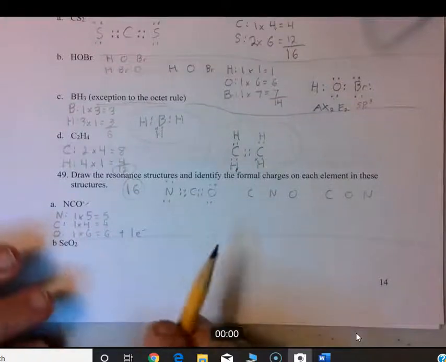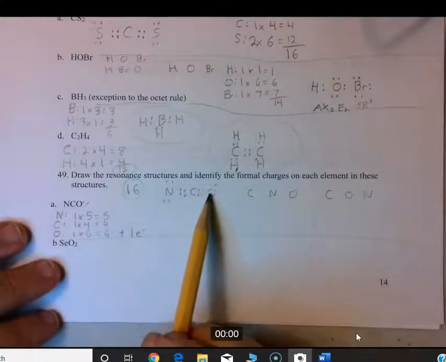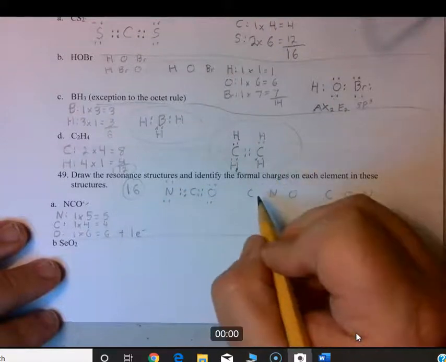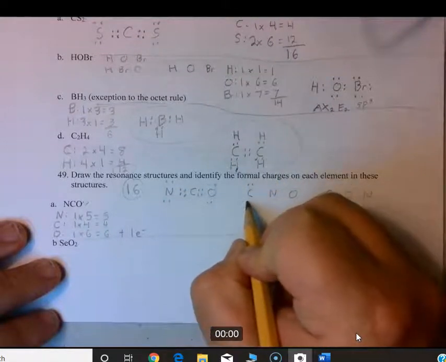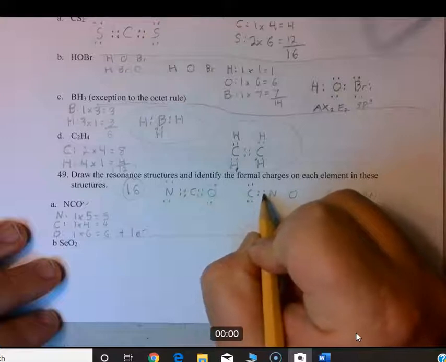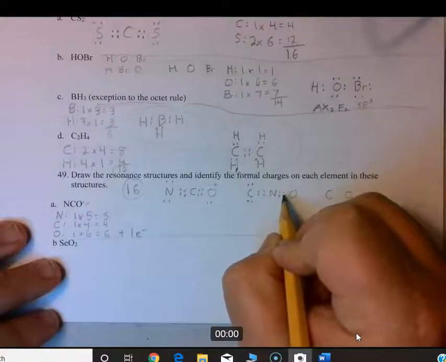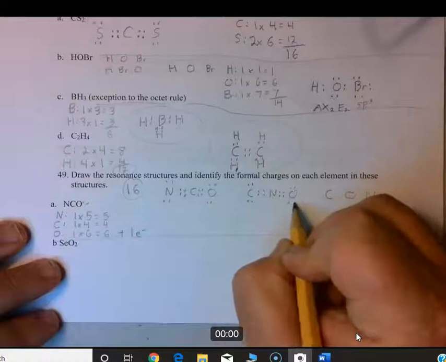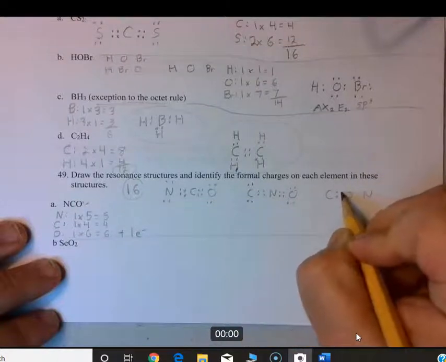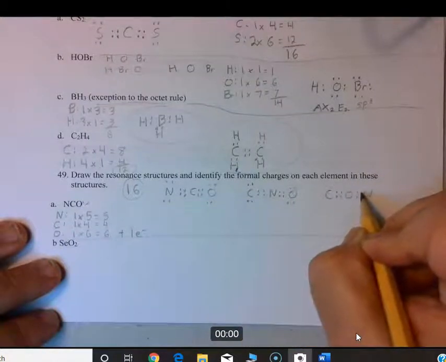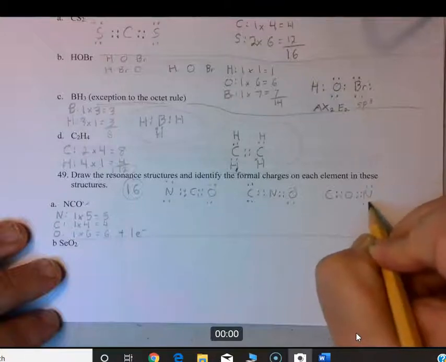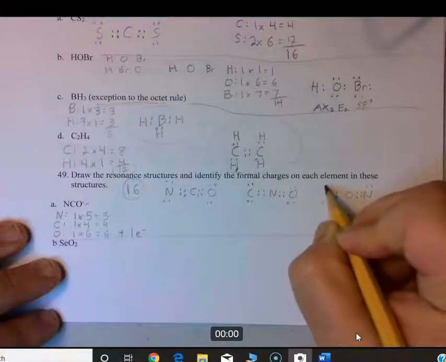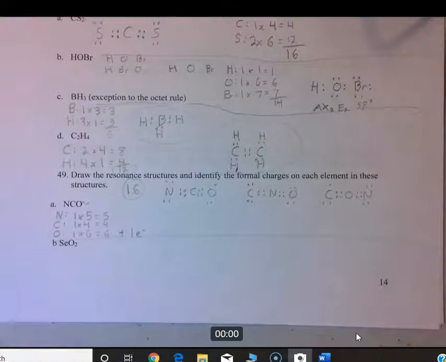Now, just to speed things up, it's going to be the same electron configuration for the other 2, so let's just go ahead and write it here to save some time.